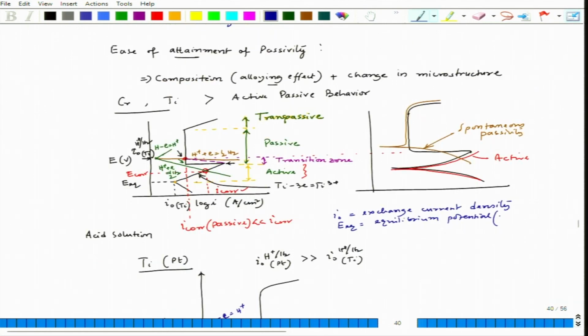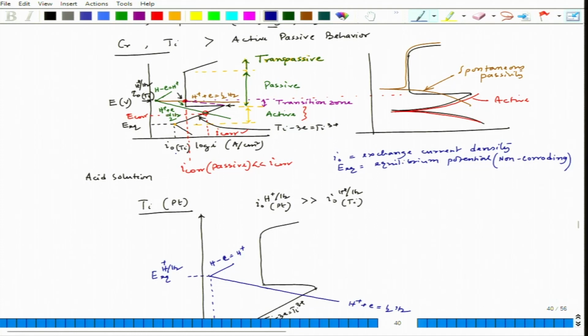To understand this, I would request you to go back and check the earlier lecture series. Okay. So whenever I put the subscript titanium, that means that exchange current density is on the titanium surface, for titanium dissolution or titanium deposition on the titanium surface, which is a non-corroding condition.